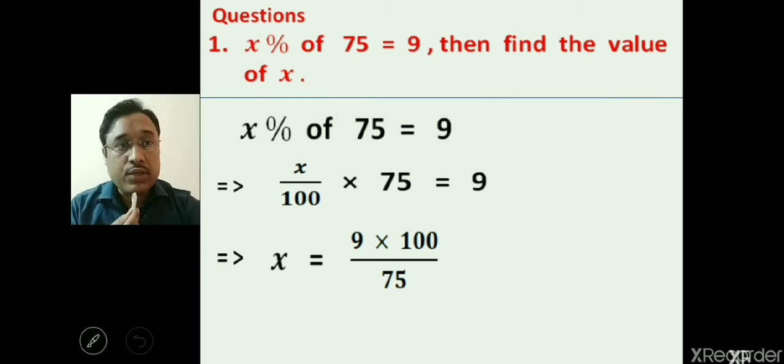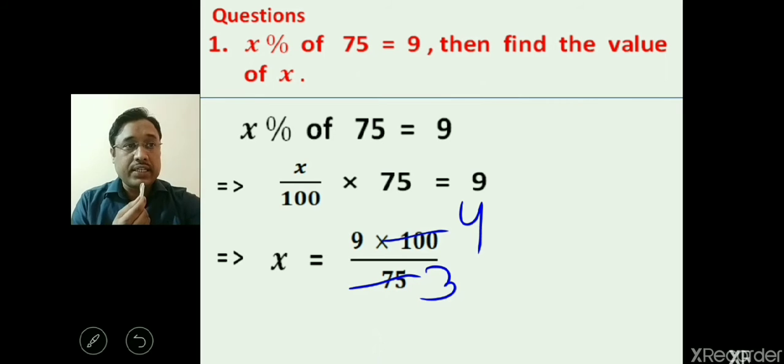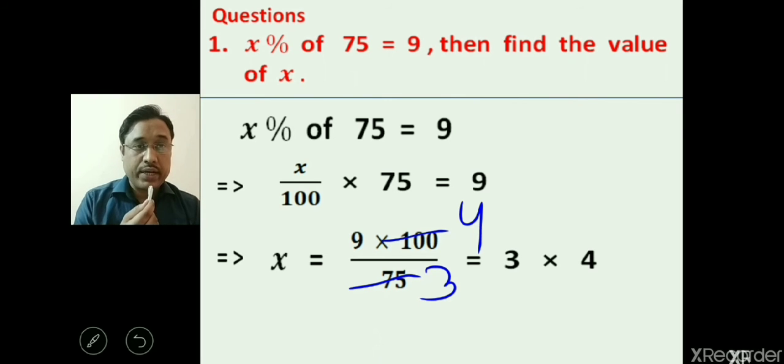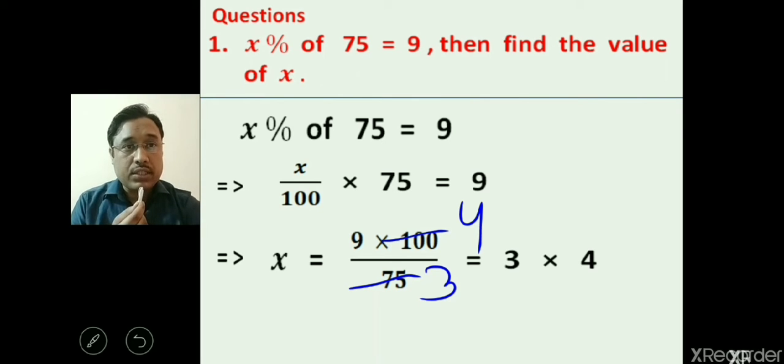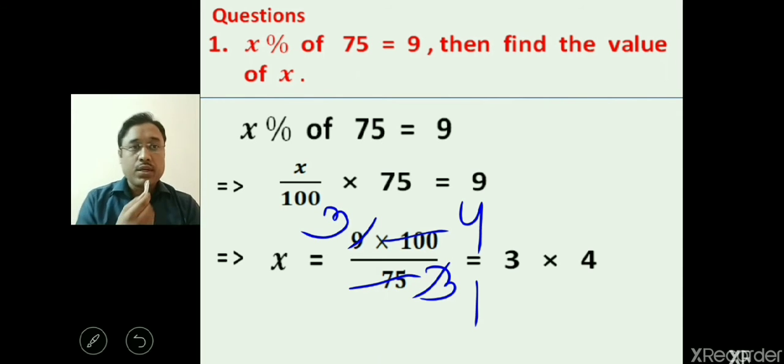So ultimately you will get 25 into 3 and 25 into 4, so the result is 3 into 4, because this 9 also you will cut, 3 into 1 time and 3 into 3 times. So 3 into 4, what you will get, that result is 12.